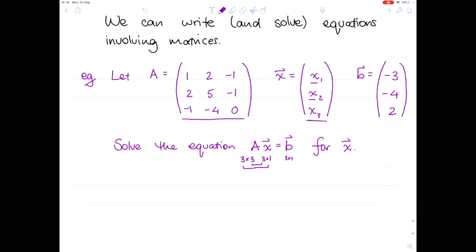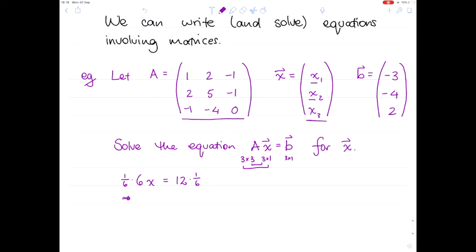One way to think about it would be to think about how we solve equations with scalar variables. For example, if I gave you the equation 6x is equal to 12, you might say, I'm just going to divide both sides by 6. But what you're really doing when you solve an equation like this is multiplying both sides by the inverse of 6. You're taking the inverse of 6, which is 1 over 6, and multiplying both sides.